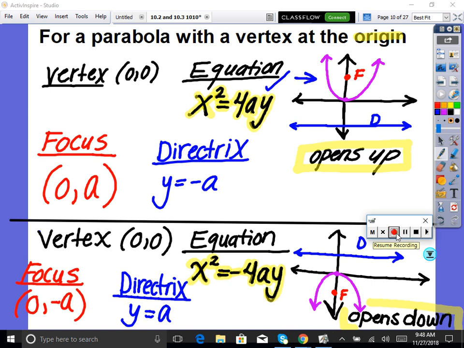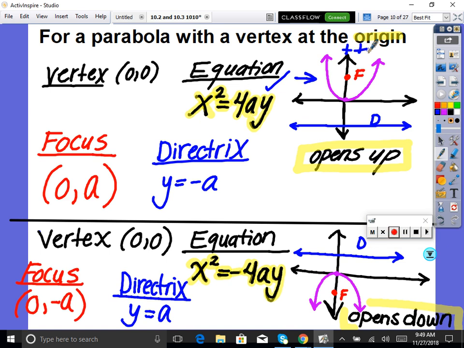So here is x squared equals 4ay. Normally we graph things as y equals, correct? 4a is just going to be some constant. If I get y alone, I would divide both sides by 4a, and that would create a quadratic that's positive. Positive quadratics smile, correct? So it's a smiley faced quadratic.